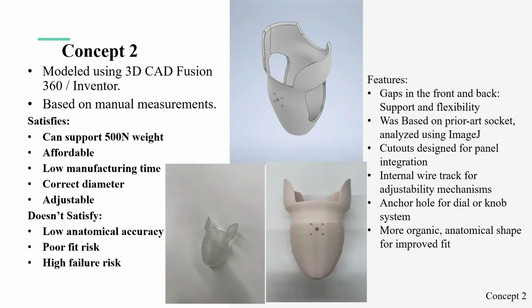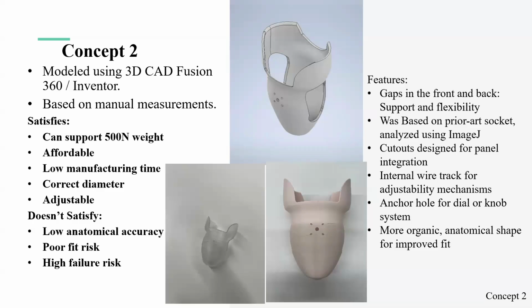So ENGG was used to get the dimensions for this concept. And it also has cutouts on the sides. And those cutouts on the sides are meant for panels. And those panels are exactly what helps with adjustability.